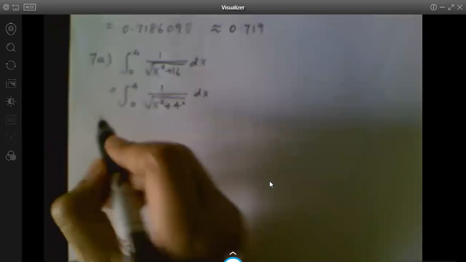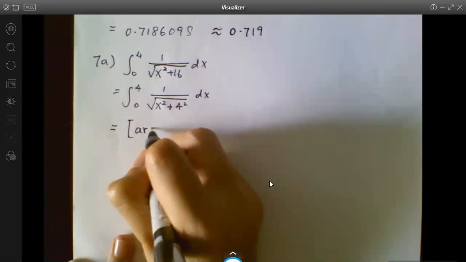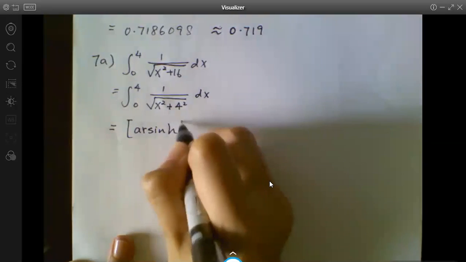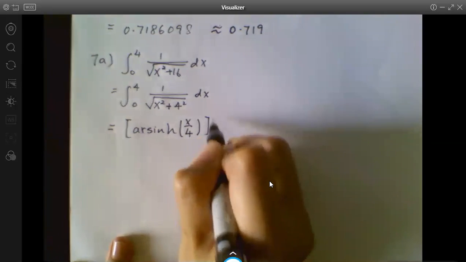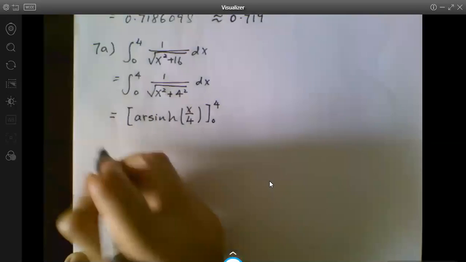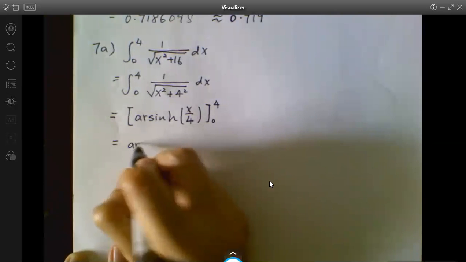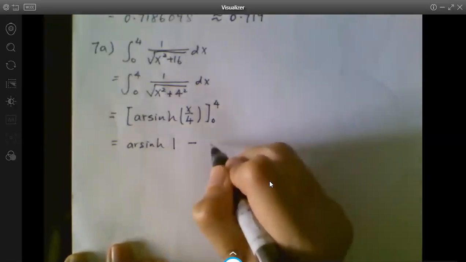And if you match it correctly with the formula, it is arc sine x over a from 0 to 4. I will do arc sine, sub in 4 minus sub in 0.